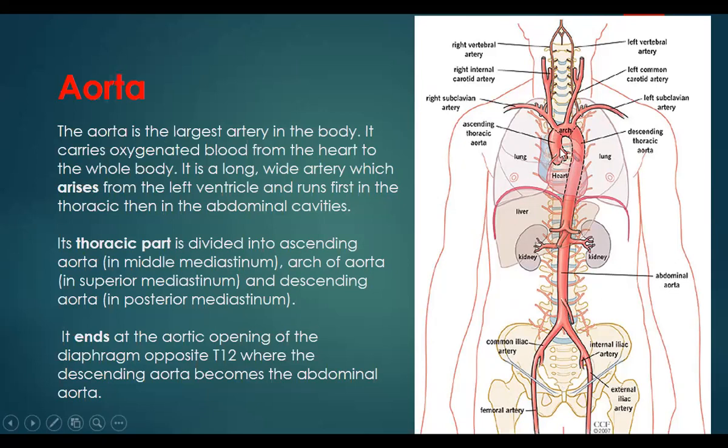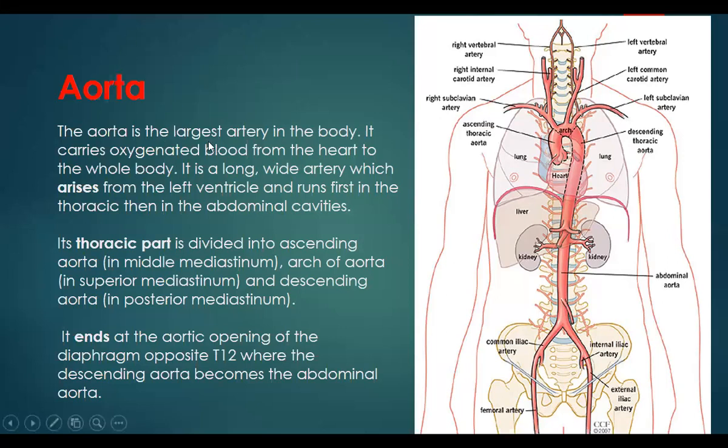But we are talking about only that part of the aorta which is present in the thorax, because the aorta will enter the abdomen also. There will be an abdominal part of the aorta also, but we are covering that part of the aorta which is present only in the thoracic region. So the aorta is the largest artery, as you know, which begins from the left ventricle.